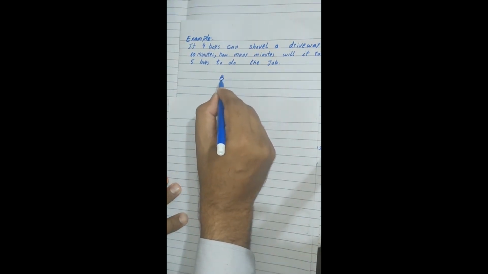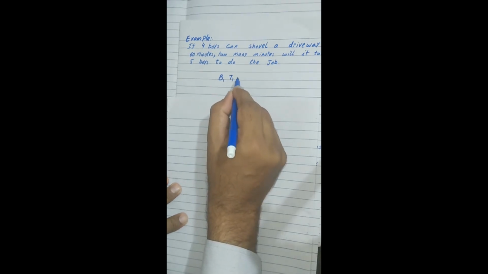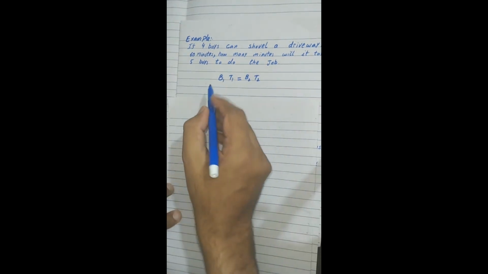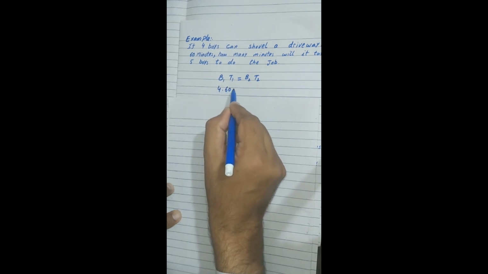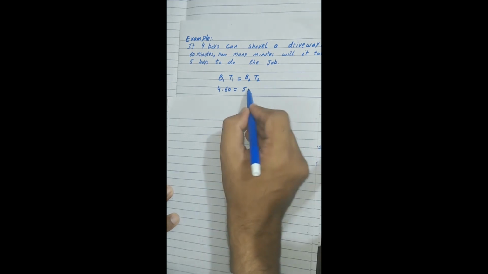Boys B1, time T1, equal to boys B2, time T2. The values given in this question for boys are 4, time is 60 minutes. Then the corresponding values are 5 boys, and you have to find the time, let's say x.